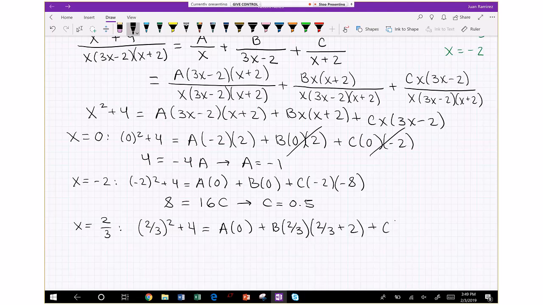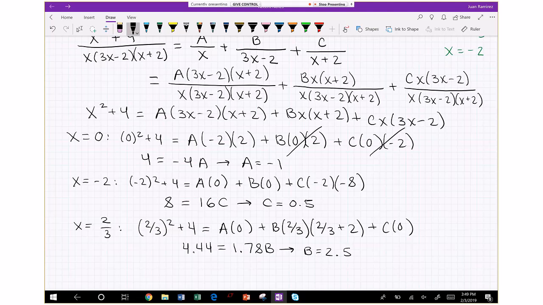The c term goes to 0 because of the 3x minus 2; when you plug in 2/3, that goes to 0. You do some math with a calculator in this case, and you end up with 4.44 equal to 1.78b. b is equal to 2.5.